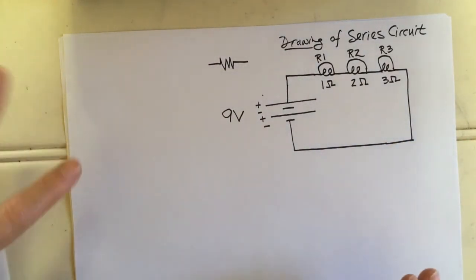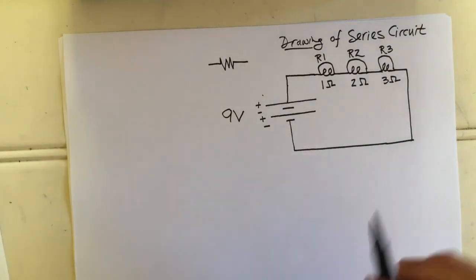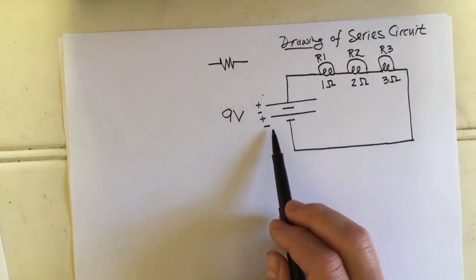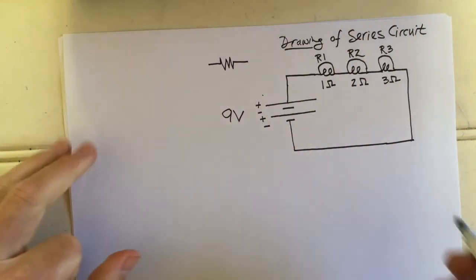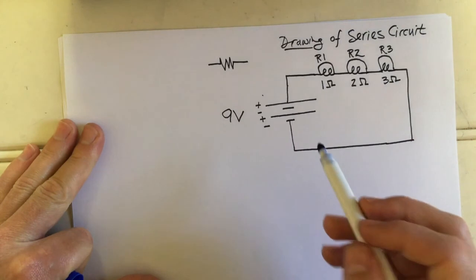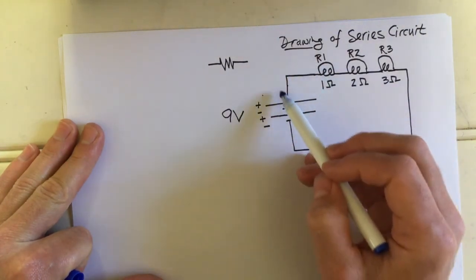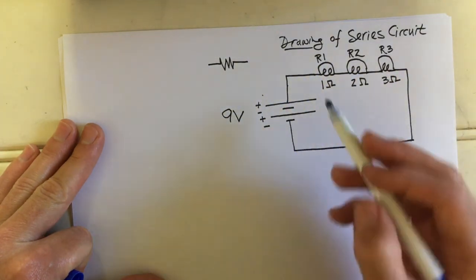All right, so some things to talk about when we have light bulbs in series. We always draw our battery the same way with the positive end on top and the negative end on bottom, because if we do that, we can think of current pointing in the same direction that positive charge would flow. Positive charge would move from this end of the battery, right, repelled by the positive end and attracted to the negative end.